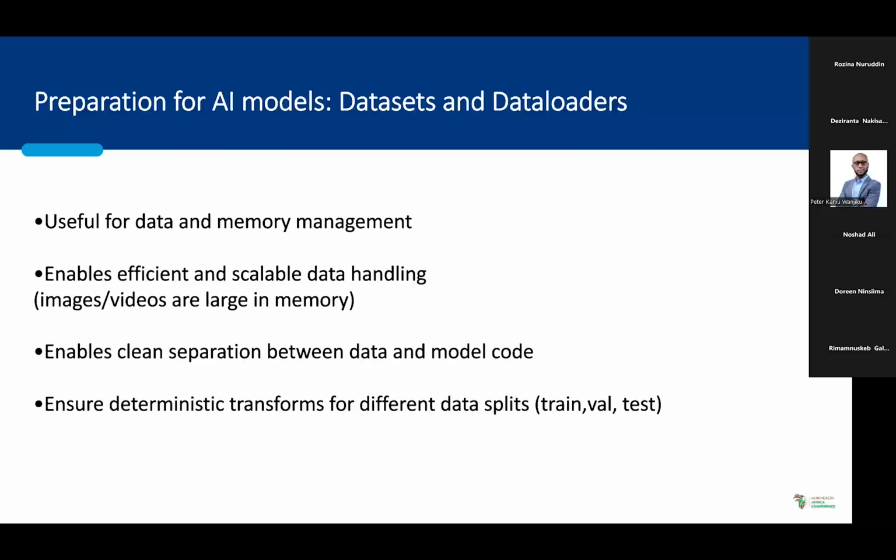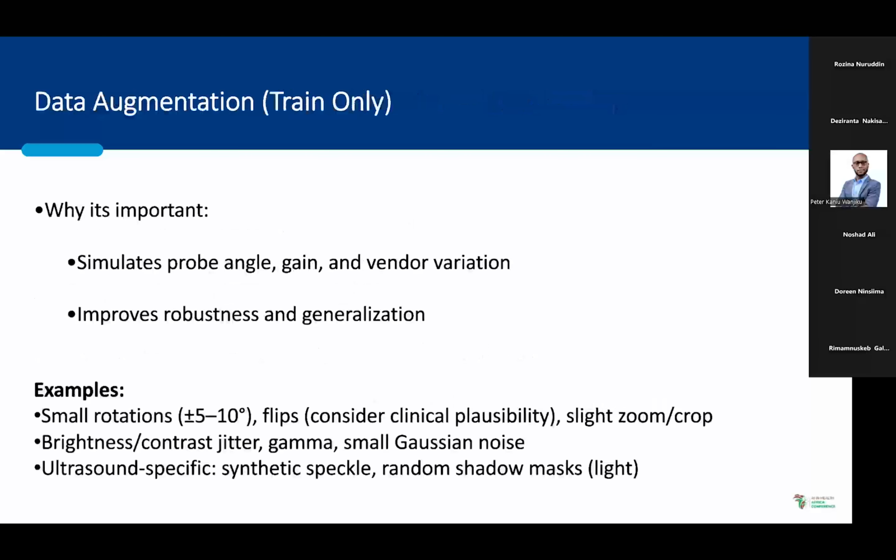So you may also have to think about memory management. We'll also have an example for datasets and data loaders later in the notebook, so you can get hands-on with it.